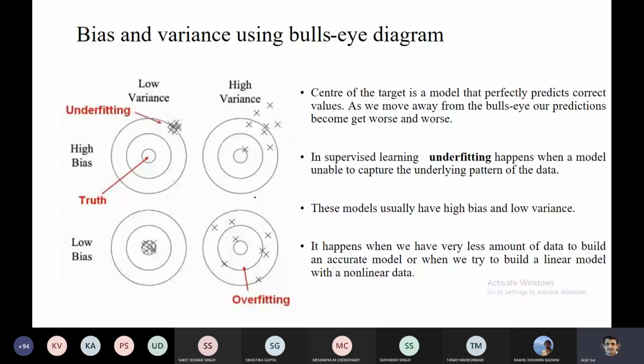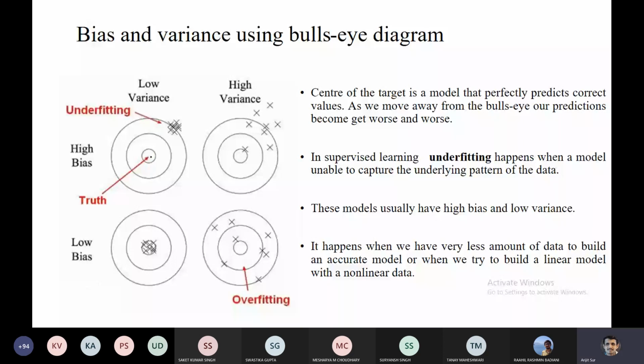Now, bias and variance using the bullseye diagram. It is basically a kind of diagram. The center of the target is a model that perfectly predicts the correct values. So actually we try to fix our prediction within the center.